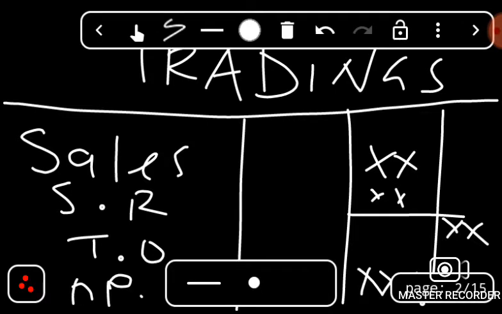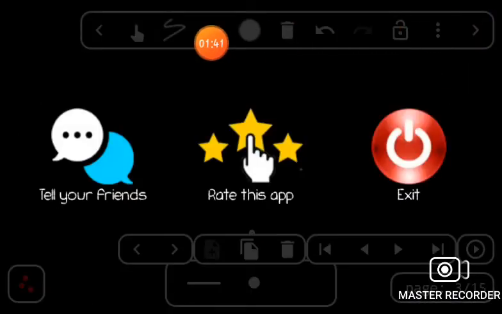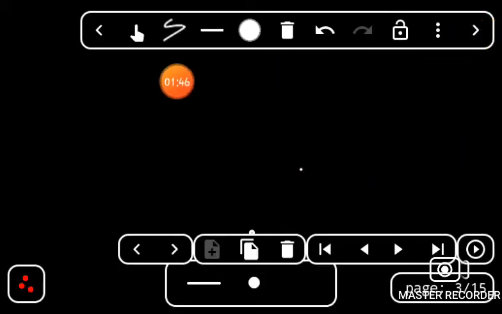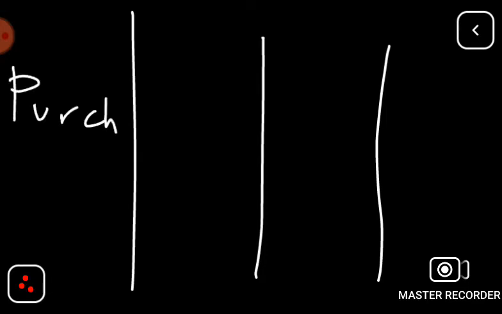Then, when you put the opening stock in the first column, you're going to write purchases here. After writing that purchases, you place it in the first column.